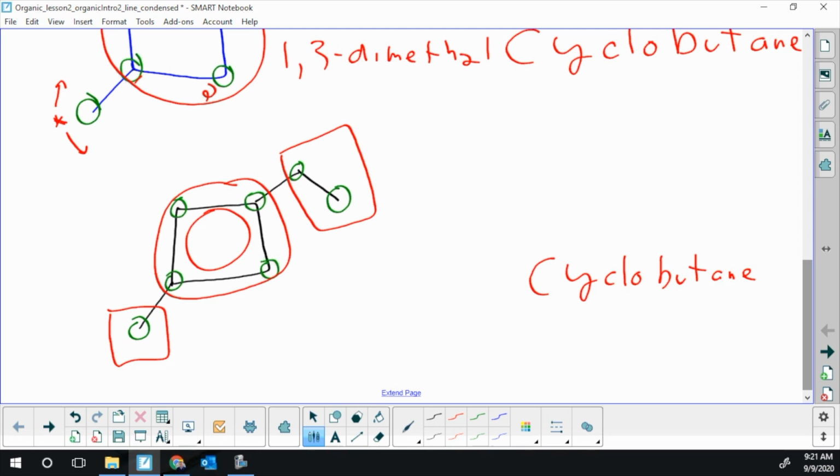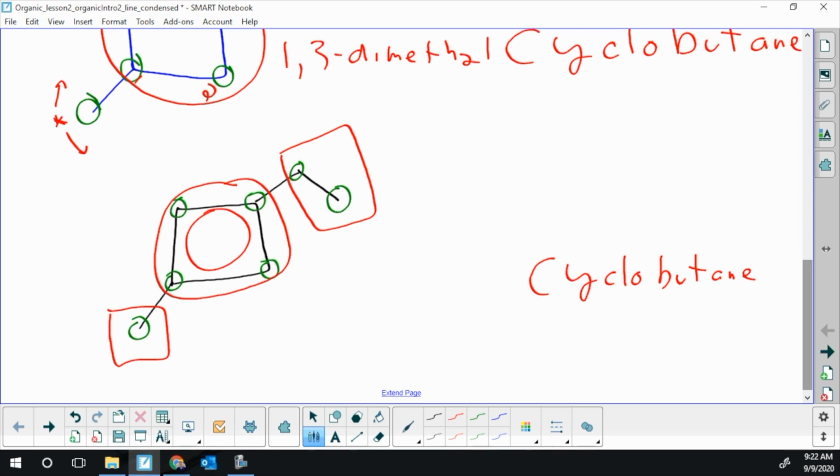Now I've got to decide how I'm going to minimize the numbers, and it's going to be 1, 3, or if I start here, 1, 3. So it's 1, 3 no matter where I start, but which one do I start at? I'm going to start at whatever one comes first alphabetically. So we've got meth and prop. Which one's going to come first?